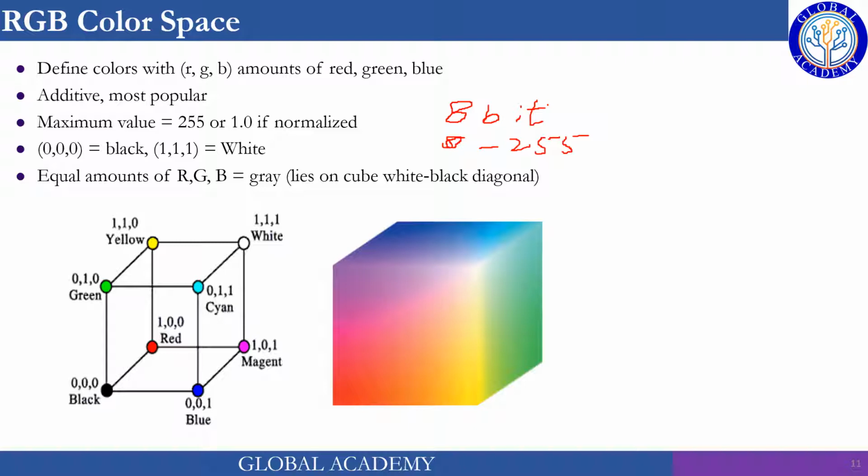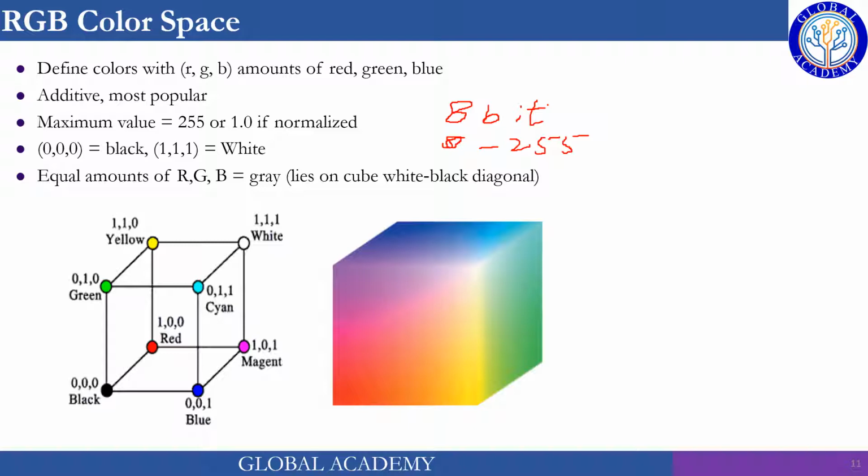Similarly, if blue is 1 and the other two are 0, then it's a blue color, and similarly green is 1 and the rest of the two are 0. And yellow is the combination of red and green, magenta is the combination of red and blue, and cyan is the combination of blue and green.